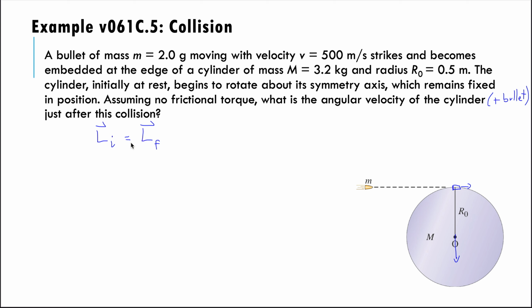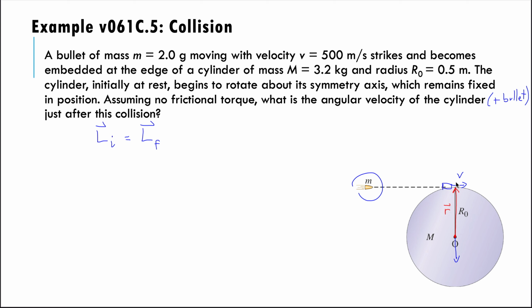The initial angular momentum only has to do with the bullet since it's the only thing moving. The bullet is a particle, so we can use the mvr definition. And that is because it is moving with a velocity v that is perpendicular to the position vector r. R goes from the axis of rotation up to where the bullet is.